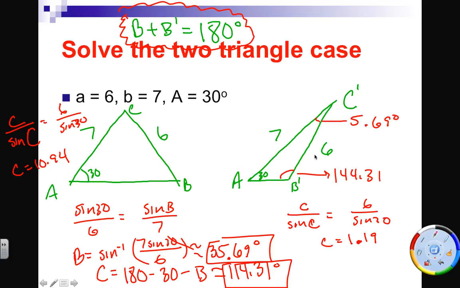You got to remember that if you try to do sine inverse of a number and you get a negative angle, that actually means you're supposed to be in quadrant 2, which means it's an obtuse angle. So if you do sine inverse and you get a negative angle, it's not actually a negative angle inside a triangle. It's actually supposed to be the obtuse angle in quadrant 2. So be very careful with that.